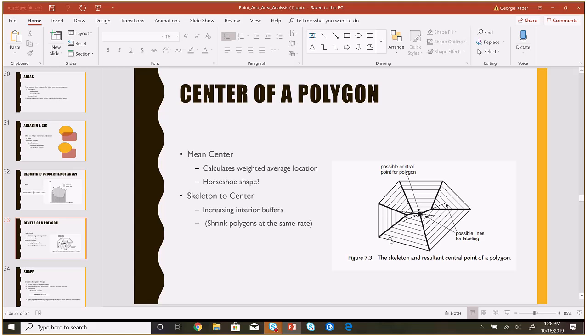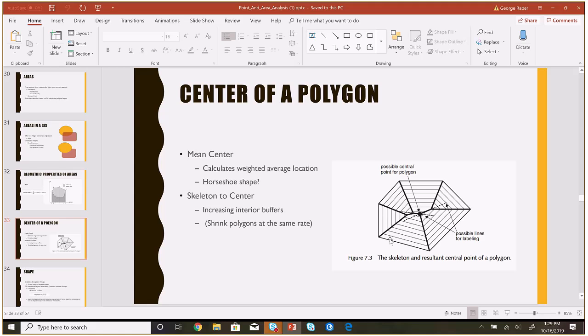Outside the polygon. Lots of times it's desirable to have the center location inside of the feature, in which case the most common way to do it is called the skeleton to center. It does it very quickly actually, it builds an interior buffer until there's only one location left and uses that as the center.